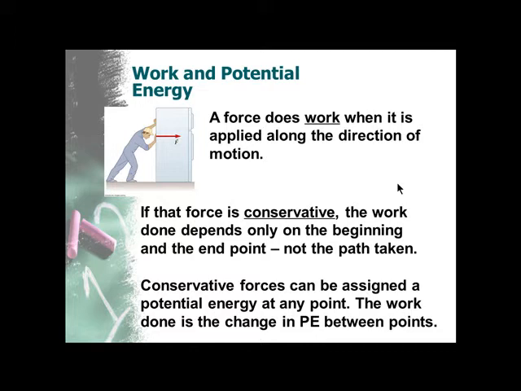Now, we know that conservative forces can be assigned a potential energy at any point. So I can say that the potential energy of this force right here is some value. Let's say E1, and then let's say that the potential energy here is E2.